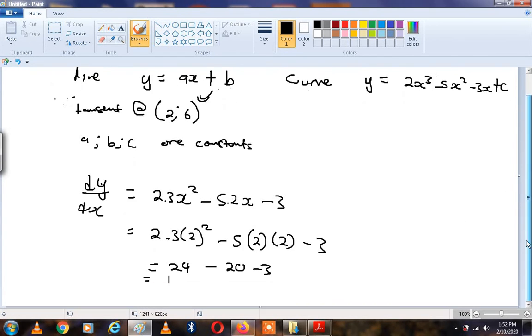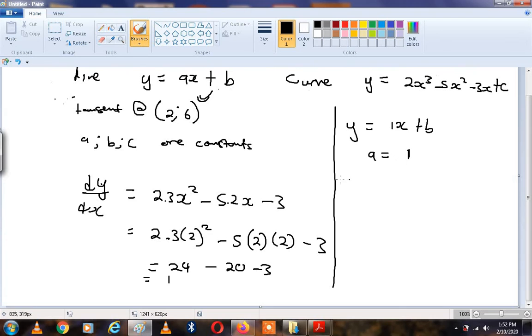Since the gradient is equal to 1, we can now go into the first line there. For a straight line of the form y equals ax plus b, a, the coefficient of x, represents the gradient, so that's more like 1x plus b. So we already know now that a is equal to 1.